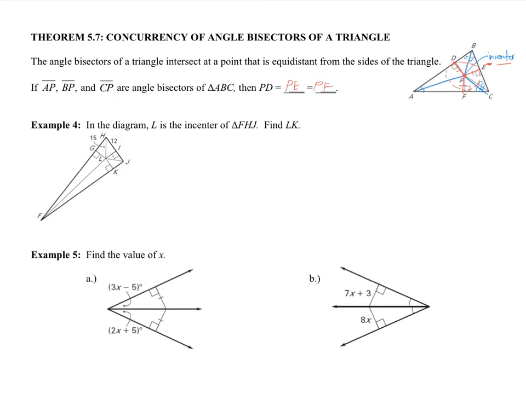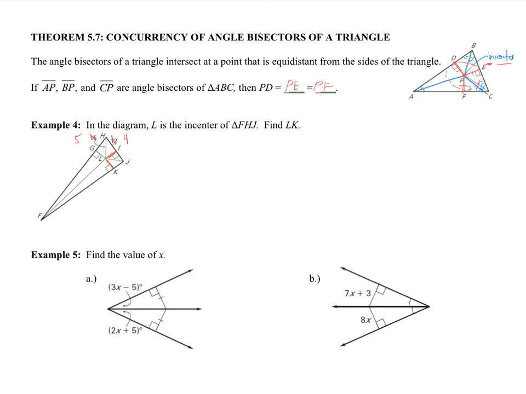So let's look at example 4. In the diagram, L is the incenter of triangle FHJ. Find LK. So we want to find the length of LK. We're given that HI is 12 and HL is 15. So I must find the length of LI. If I know the length of LI, then I can find the length of LK since they're equal to each other. So I can first simplify here. 15 divided by 3 is 5. 12 divided by 3 is 4.